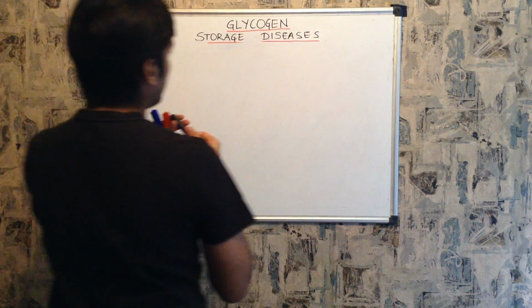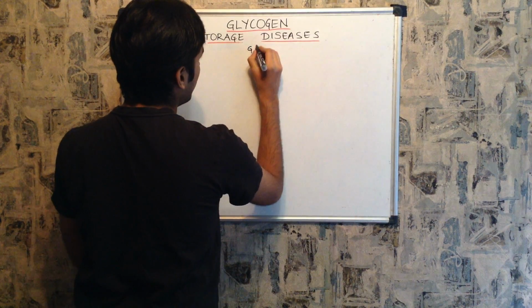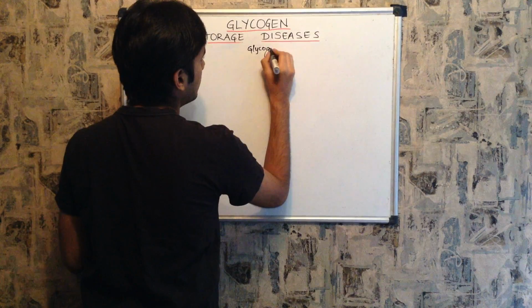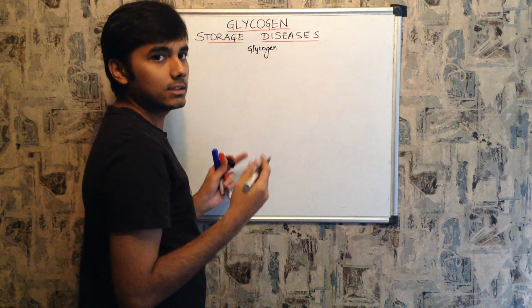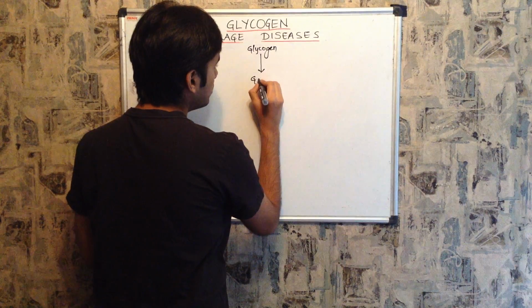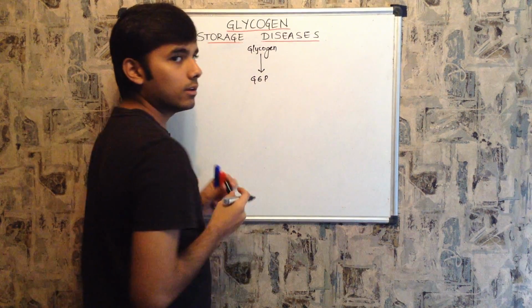So just now, as you saw, glycogen, GLY in abbreviated form. Glycogen is converted into glucose 6 phosphate, right?